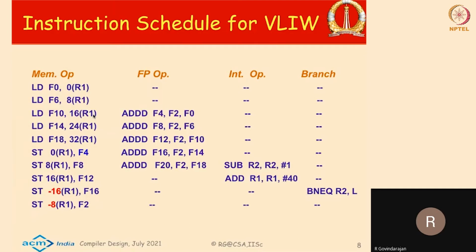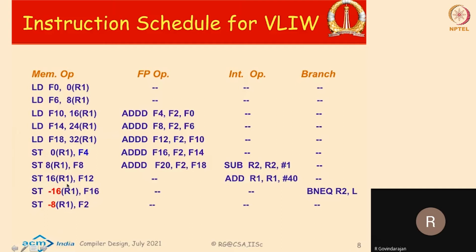There are a few small things that I will quickly point out. I talked about anti-dependency and output dependency. You can see that the add instruction modifies the R1 register, on which the store instruction is dependent. But because R1 has been modified by 40, I'm actually using some offsets which are negative, which is adjusting for appropriate values.